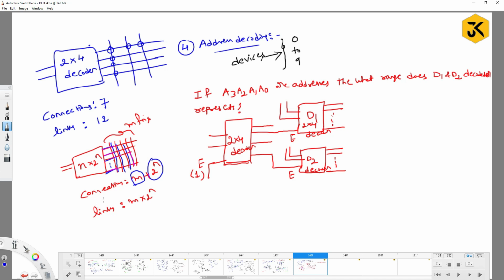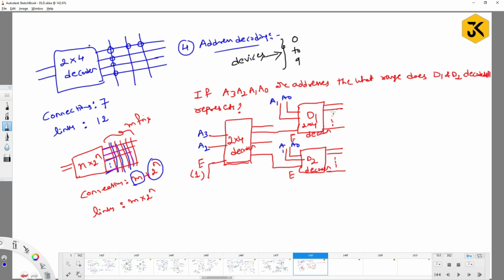What is the output that is produced by D1 and D2? Can you observe? Guys, try to understand. Can I take this as A3 and A2, and this is A1 and A0, and this is also A1 and A0? Fine.